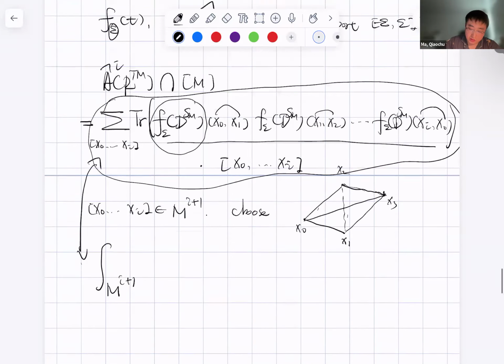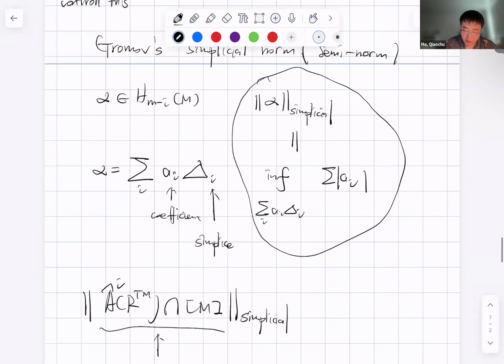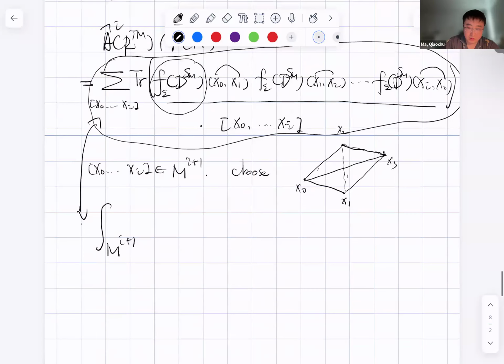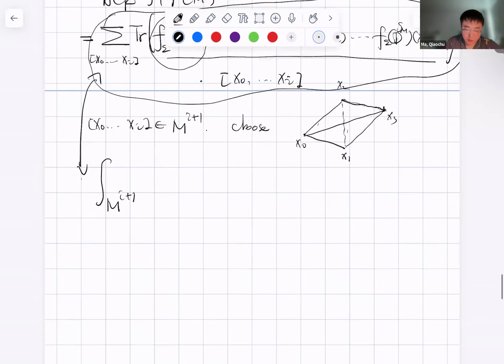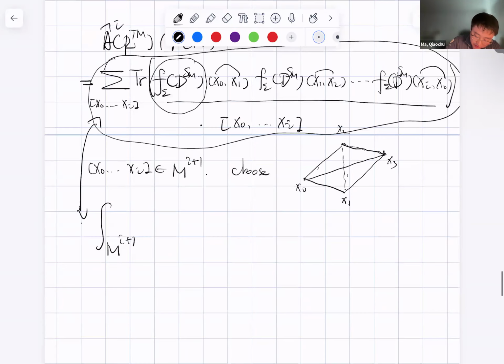With this representation, let's recall the Gromov simplicial norm. It is the sum of the coefficients, and here we represent this homology class by an integration. So we shall also replace the sum of coefficients a_i with an integration of the product.